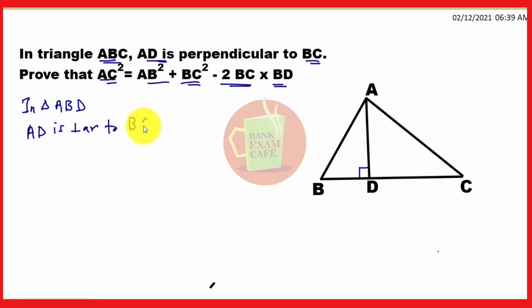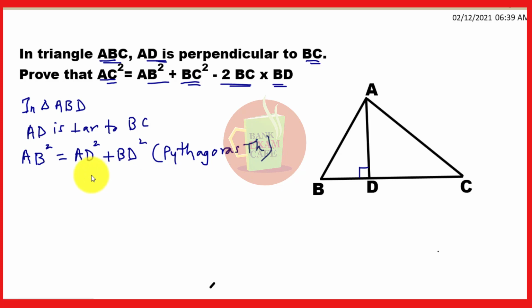AB square, the square of the hypotenuse, is equal to AD square plus BD square. This is by Pythagoras theorem.